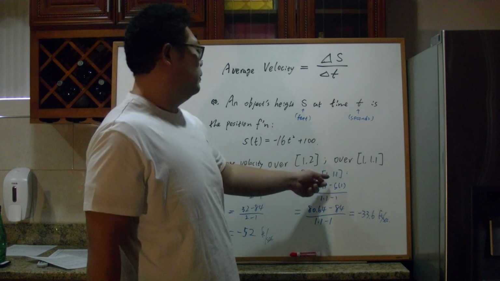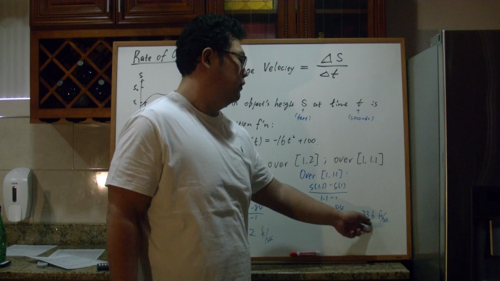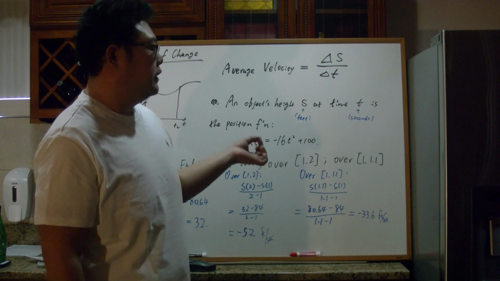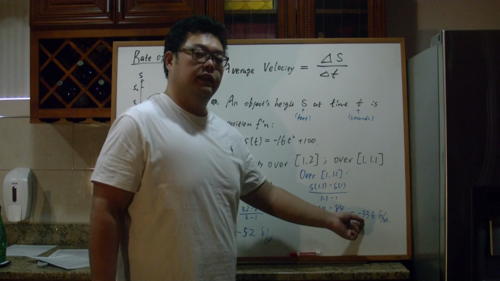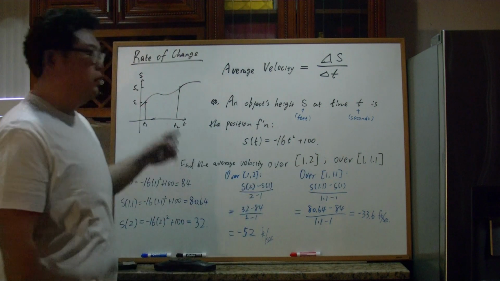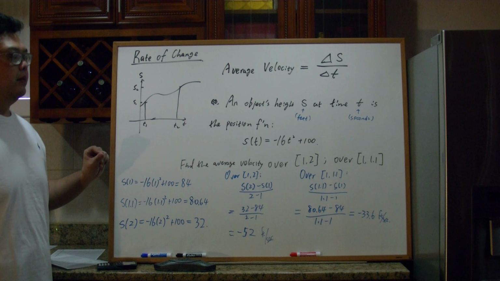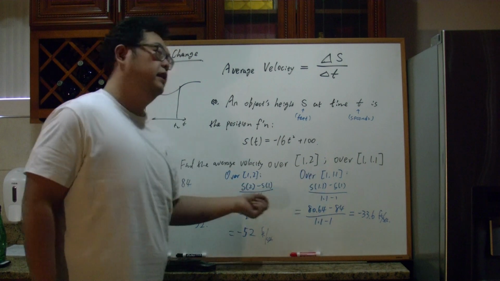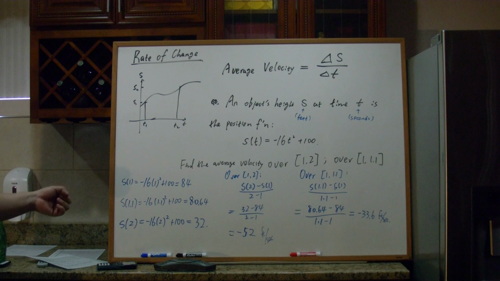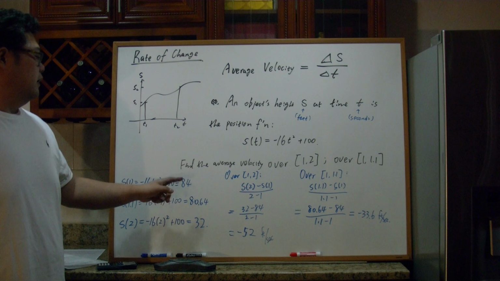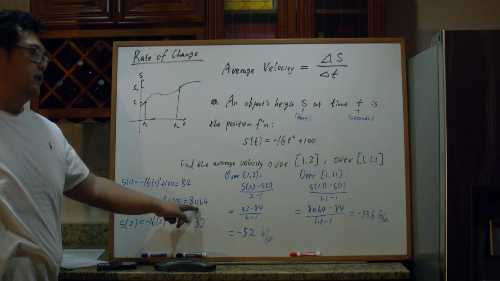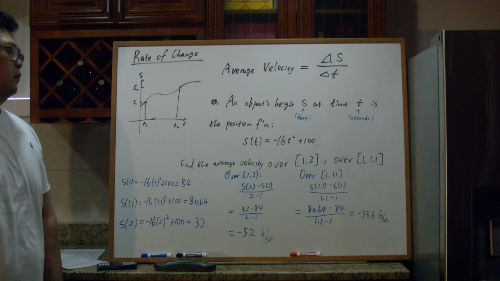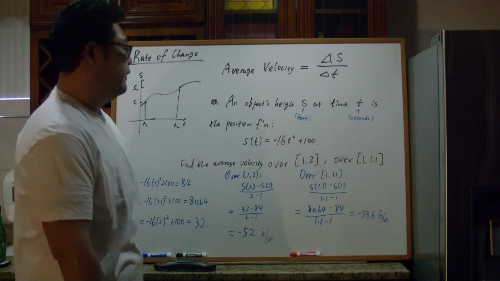Similarly, from 1 to 1.1 seconds, the average velocity is negative 33.6 feet per second, so in 0.1 second it moves down 3.36 feet, from 84 feet above to 80.64 feet above.